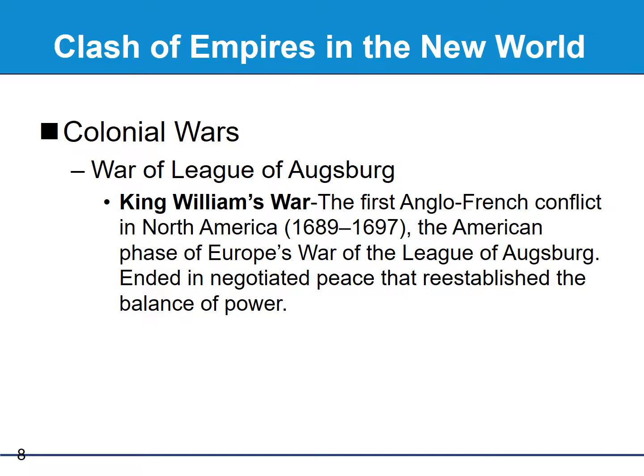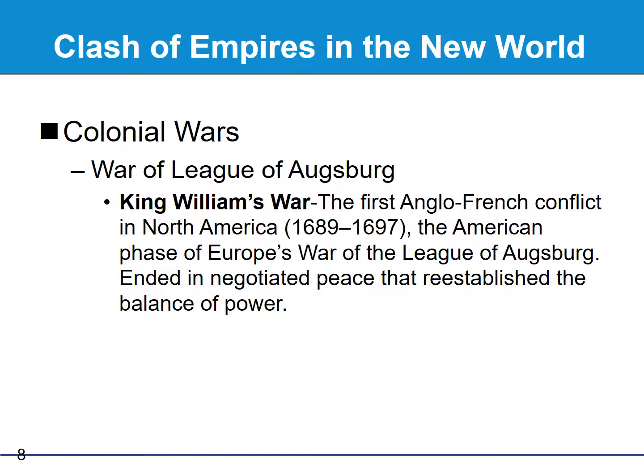The first one is the War of the League of Augsburg. In the colonies, the English colonists called this King William's War, because this is when William and Mary are the monarchs of Great Britain. It's going to last from 1689 to 1697. Most of the fighting occurred along the Canadian-New England border, because Canada was owned by the French during this time period.